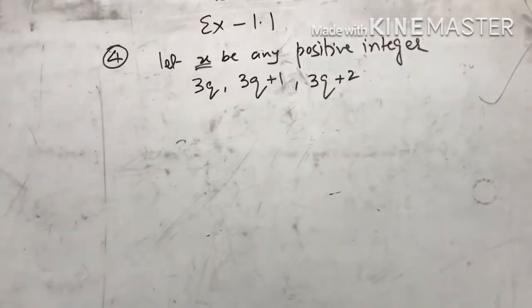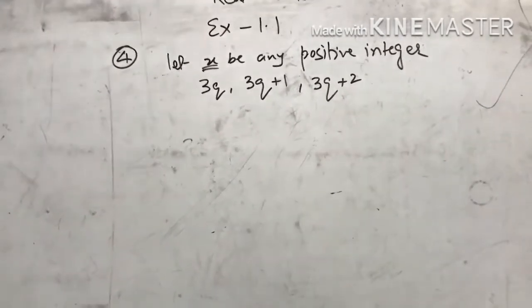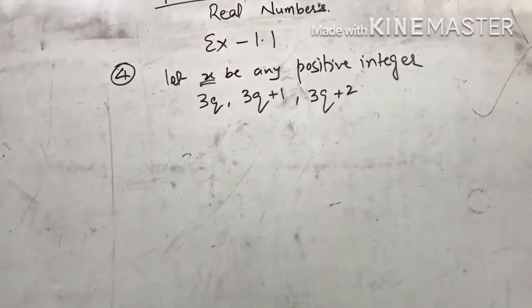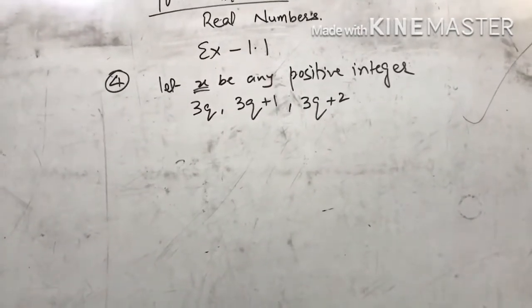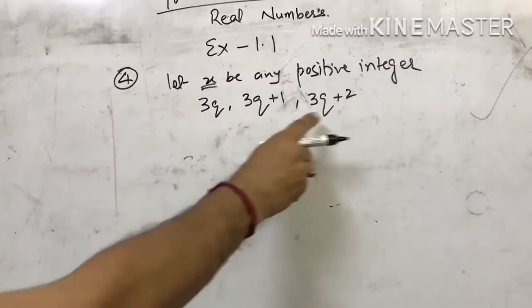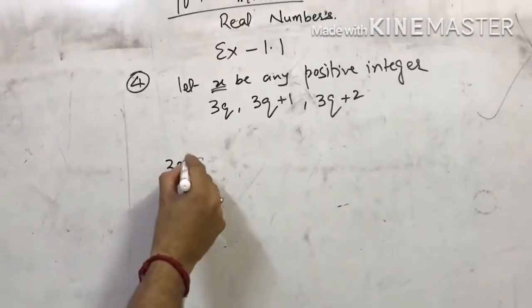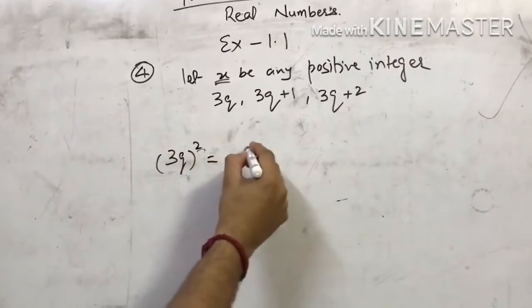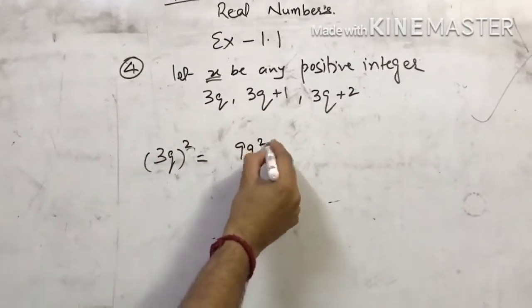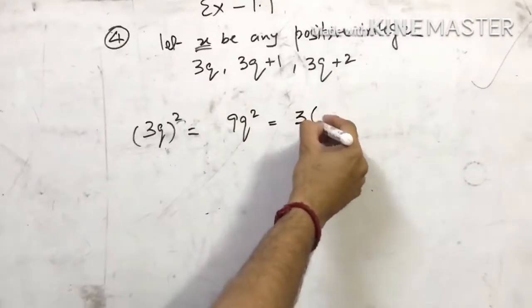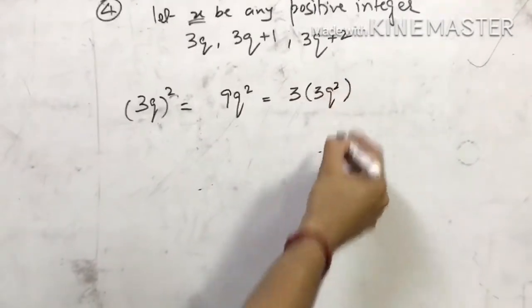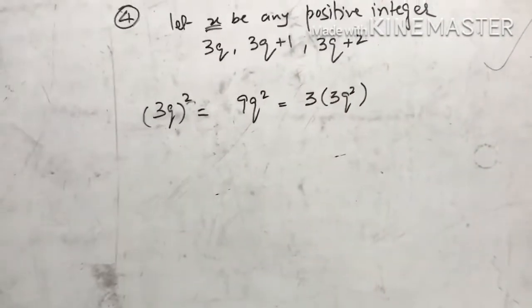Now we have to show that if we square it, as per the question, the square of any positive integer is either of the form 3m or 3m plus 1. So first of all, select these numbers. Now you have to square it. So (3q) square will be 9q square. You can take 3 common, then it will become 3 times 3q square, like this. You can write it in this way.